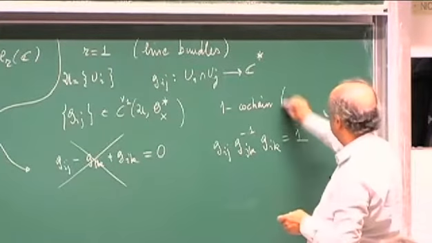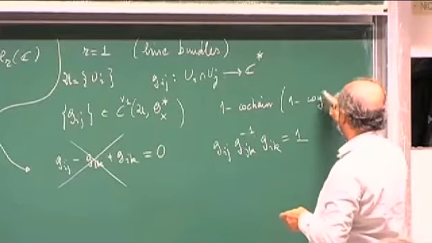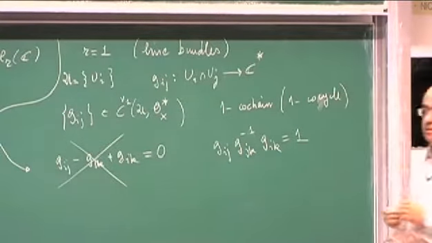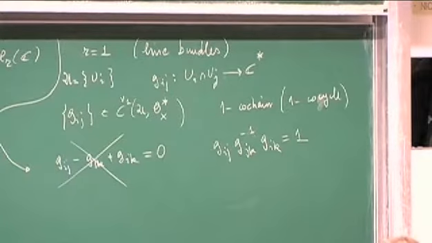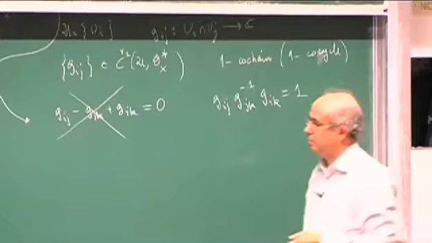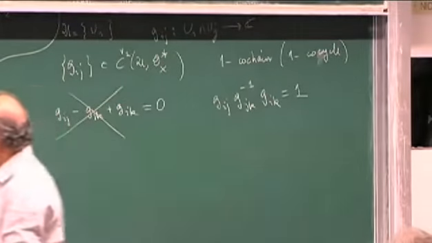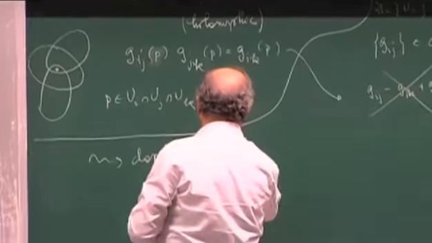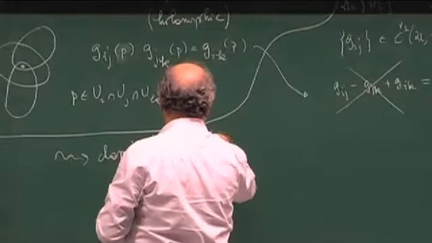This is not only a one cochain, but it is a one cocycle, which means that it is closed. And as such, it gives rise to a cohomology class. So this will give me a class in H1(U, OX star).